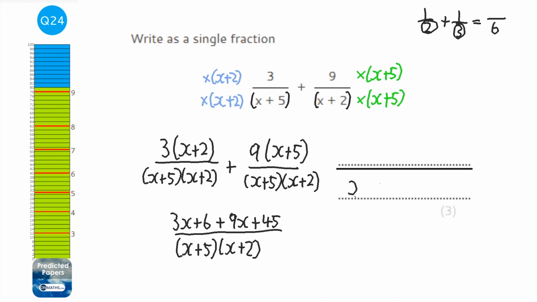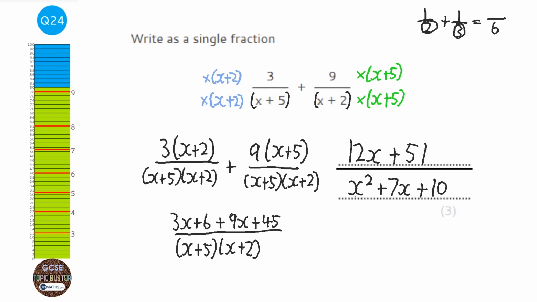So the bottom will be x squared plus 7x plus 10. If you don't know how to do that, see our video on expanding quadratics, or expanding quadratic equations, or expanding quadratic brackets. And let's collect the like terms at the top. So 3x plus 9x is 12x, and then 6 plus 45 is 51. And that's my final answer.